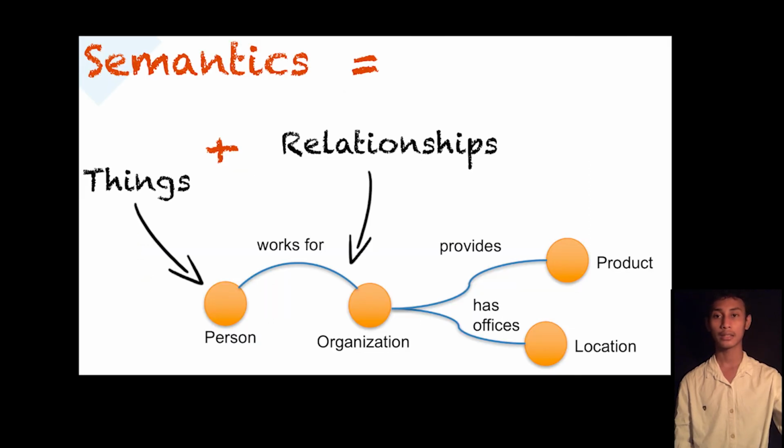And the next is semantics. Semantics is a branch of linguistics that studies meaning contained in language, codes, or other types of representation. In other words, semantics is the study of meaning. It is the study of the way in which words or sentences convey meaning in everyday situations of speech and writing.